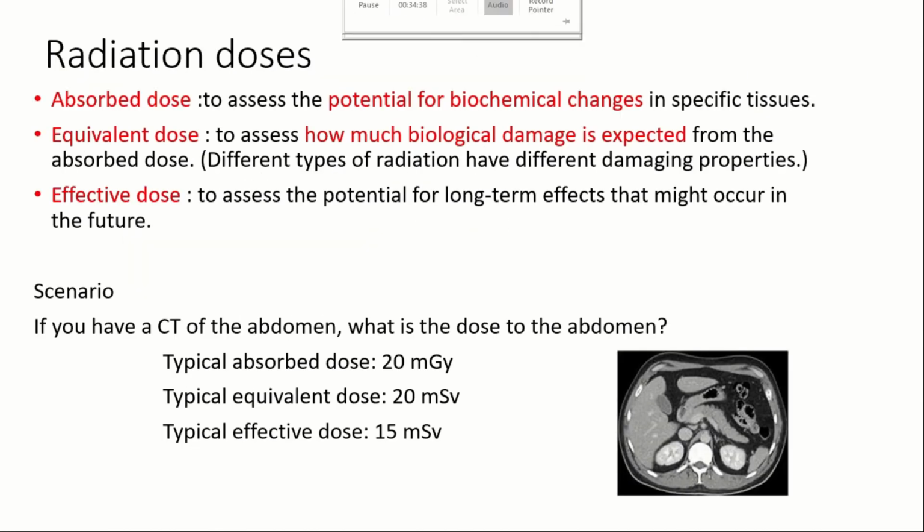Now we come to the radiation doses. Don't get confused: radiation doses are not like calculating doses for medicines. For example, like when you are exposing yourself to sunlight, how do you calculate the dose of sunlight exposure to your skin?